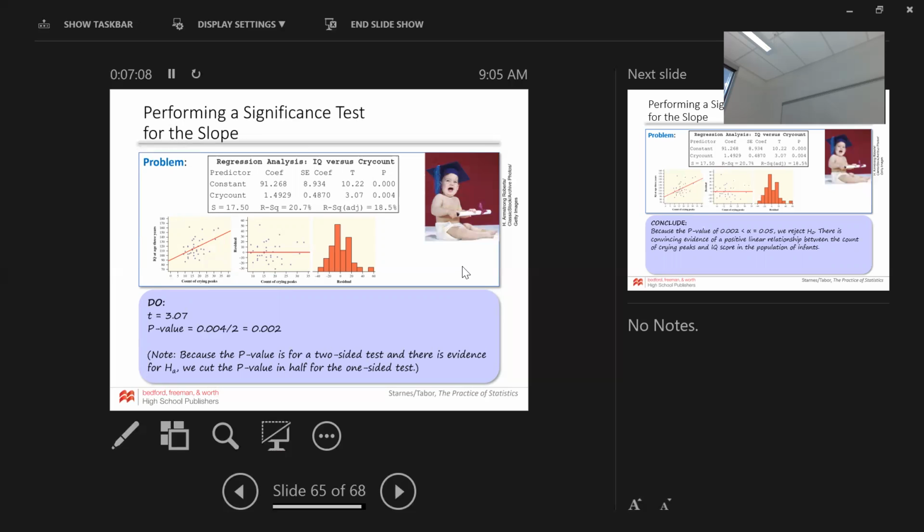If you have the software output, you can choose a one-tailed test or a two-tailed test. For a one-tailed test, we're going to take that and cut it in half. Either way, you're in the tail. You're going to reject it. There is evidence of a correlation between crying and IQ. As crying goes up, IQ goes up.